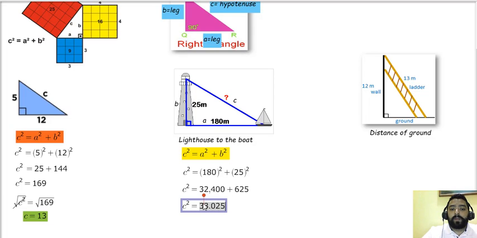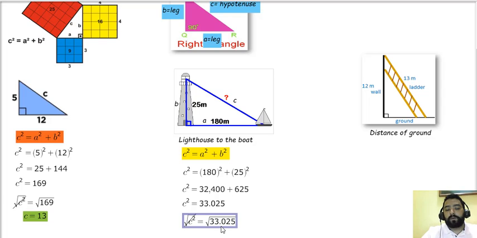Then we are going to apply the inverse operation with the square root. So here we are going to write the square root of c to the second equals the square root of 33,025, and then we are going to eliminate the square root to get the value for c.